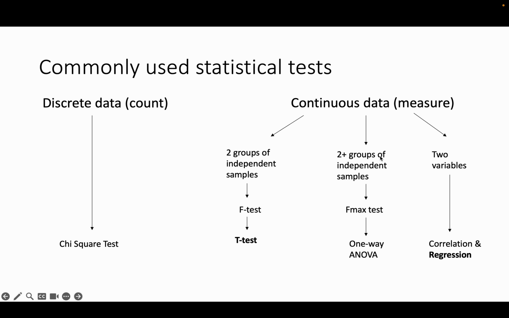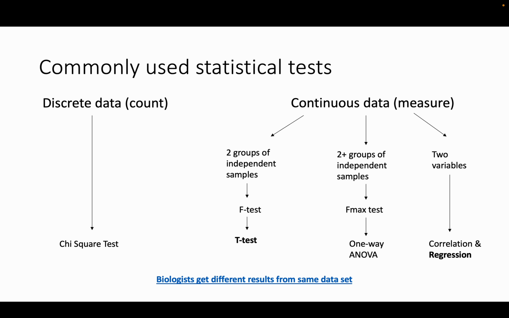Let's say you want to measure light intensity in the sun versus in the shade versus in the classroom. So here you have more than two groups of independent samples. You would do a one-way ANOVA. Now, if you want to look at the relationship between two variables, to see if something is correlated or to see if one variable affects the other, you would do either a correlation or a regression test. We'll talk about this in a bit.